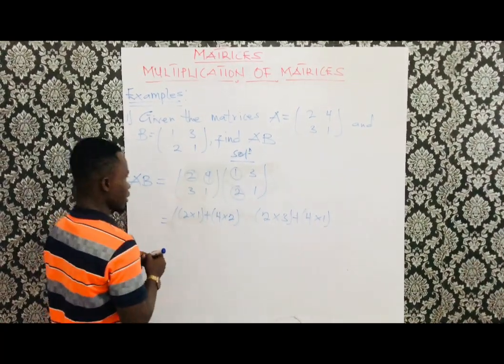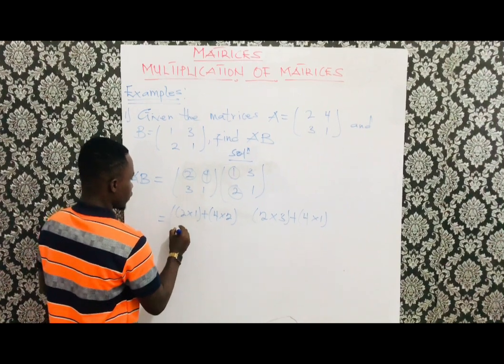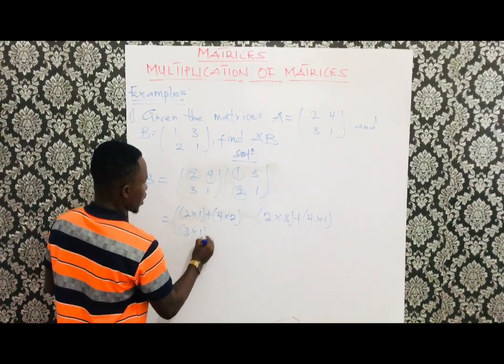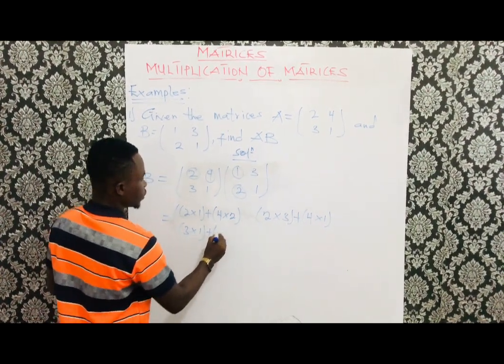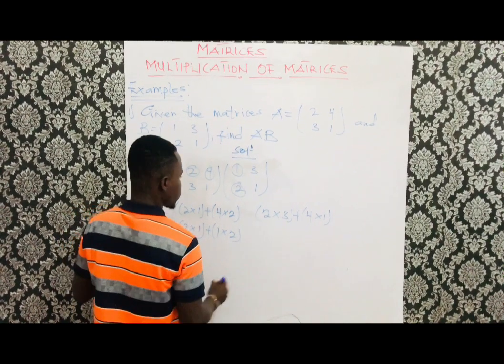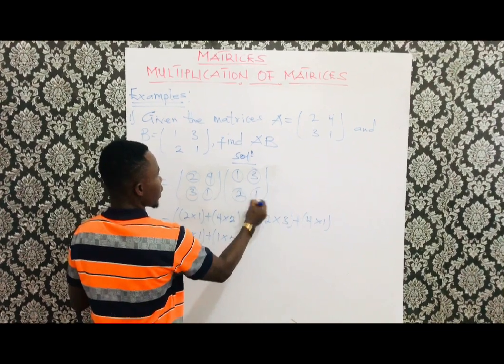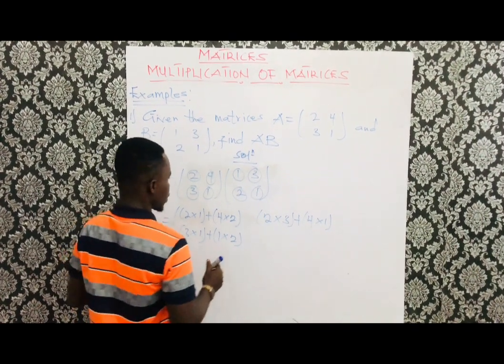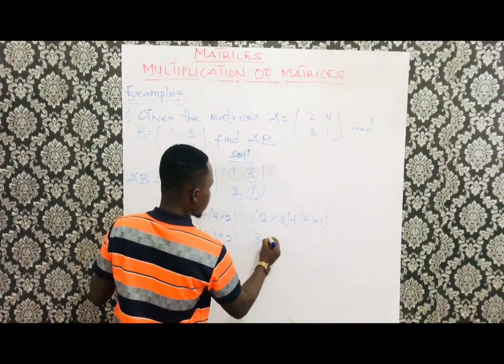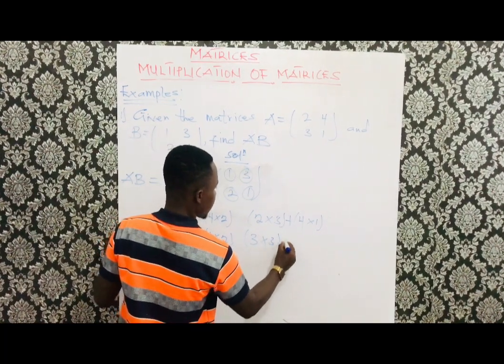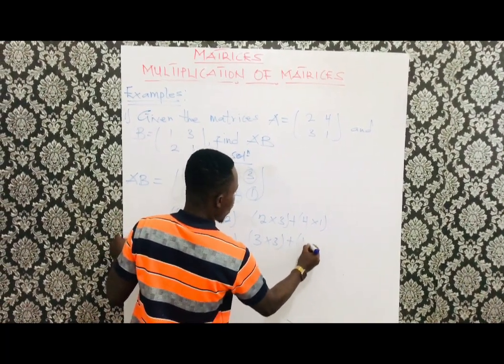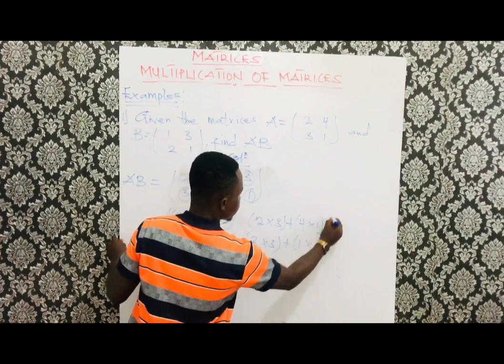When it comes to the down entry, that's 3, 1. We have 3 times 1 plus 1 times 2. Then this 3 will multiply the 3 and the 1 will also multiply the 1. Then we add their product, which will be 3 times 3 plus 1 times 1.